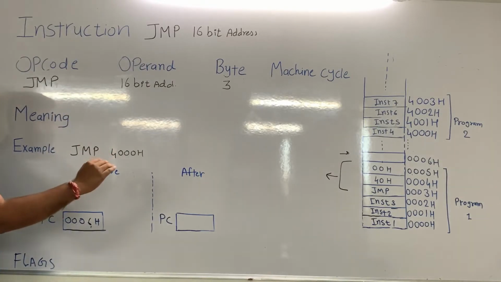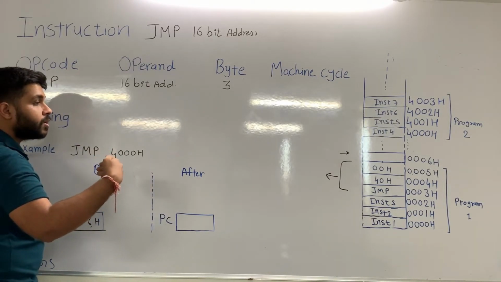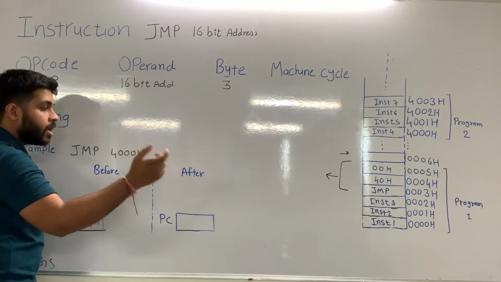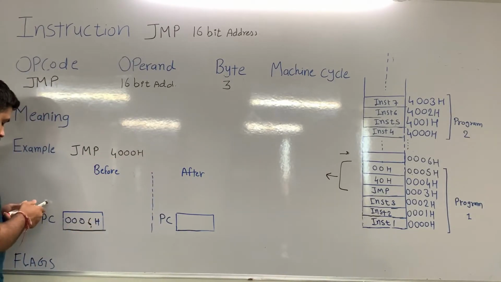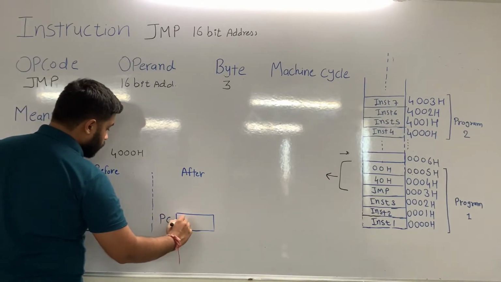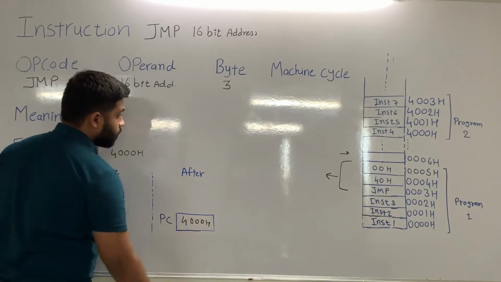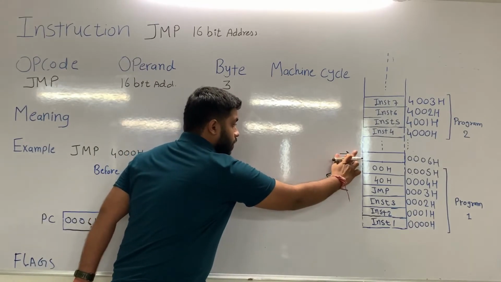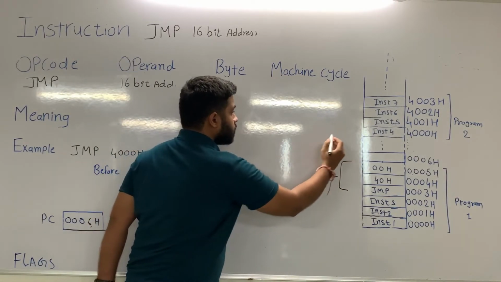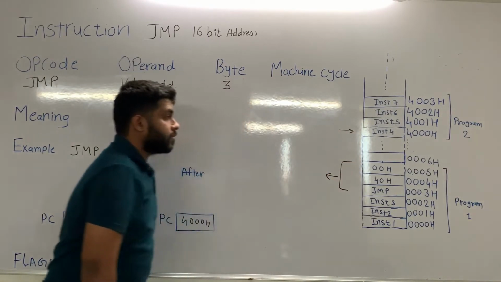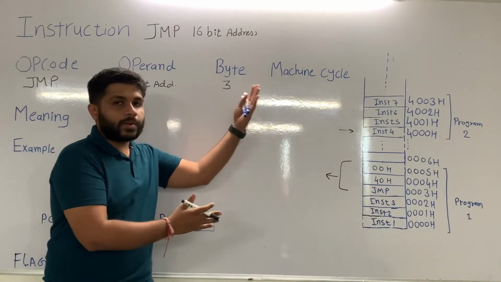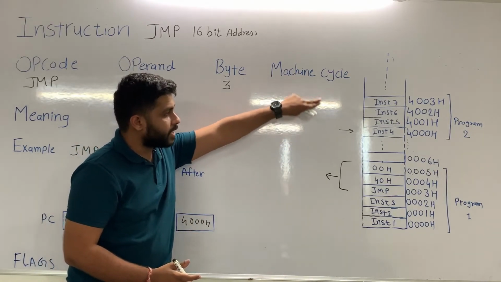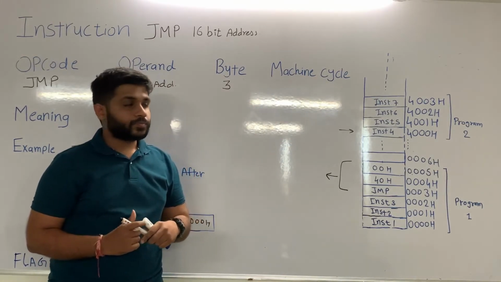It means microprocessor will fetch the next instruction from the 0006H. But due to the jump 4000H instruction, the value of the program counter will be changed to 4000H. It means the next instruction that microprocessor will fetch will be from the 4000H. So we have changed the sequence of the program and now the microprocessor will execute the second program.